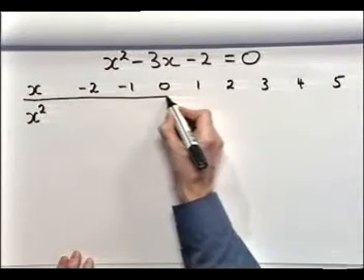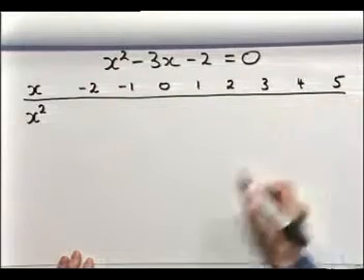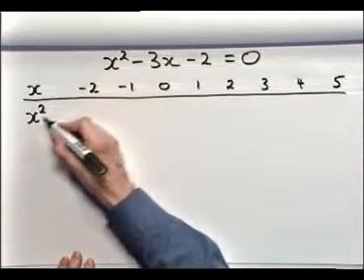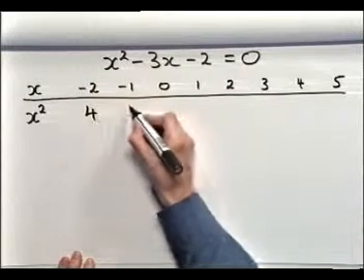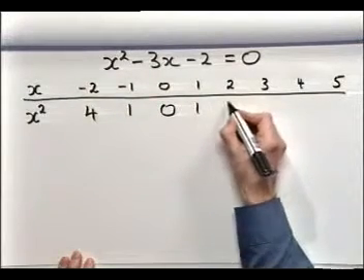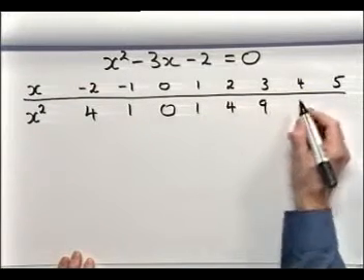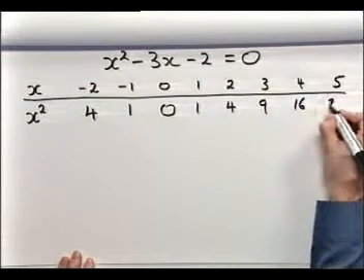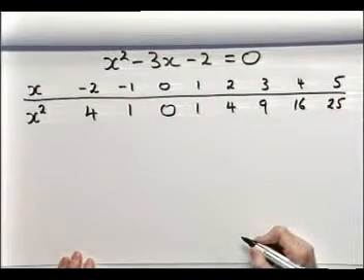So let's just rule those off out of the way. x squared, that will be 4, 1, 0, 1, 4, 9, 16, and 25.